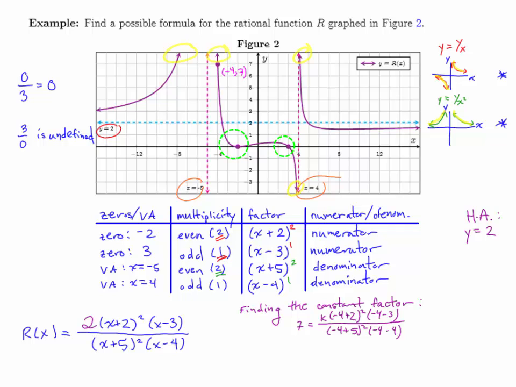What we'll find then is that 7 equals k times -28 over -8. If we continue solving, we'll find that k equals 2. I'm going to skip a few of those steps, but that's the other means of finding that constant factor, and that method will work regardless of what that horizontal asymptote is.